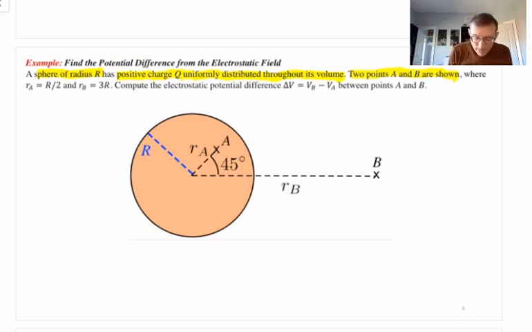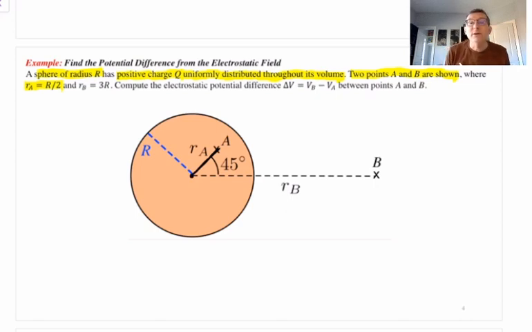Point A is on a 45-degree line from due right, and it is at a radial distance from the center, little r sub A, that happens to equal half of big R. Right? So that means this distance right here, from the point labeled A to the very center of that sphere, that's r sub A, that happens to be half of big R. That's point A, right down in that sphere.